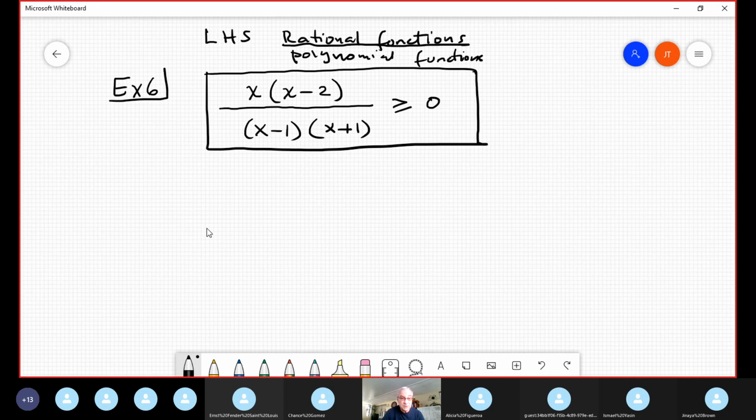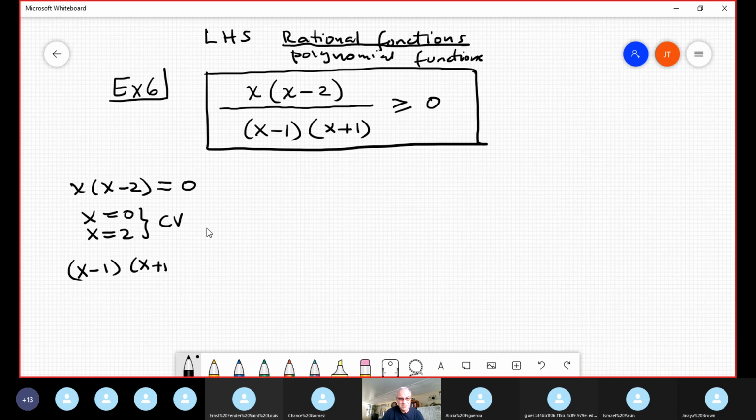Okay, entonces x minus 2, you enforce it to be 0. We have the solutions 0 and 2. These are critical values. And the critical values in the bottom are the same: positive 1 and negative 1. These are also critical values.